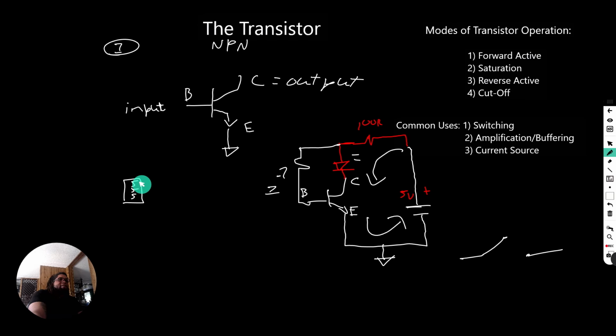And we got that 555 timer to output a certain frequency. Let's just say it was 100 hertz. We have 100 hertz at 0.7 volts that would come out of that 555 timer.